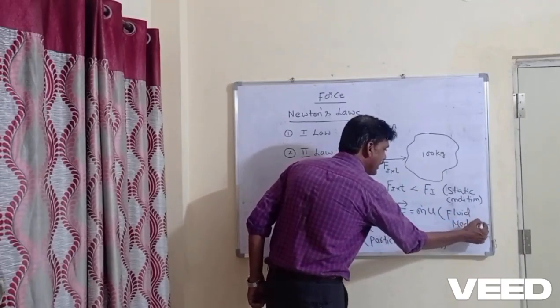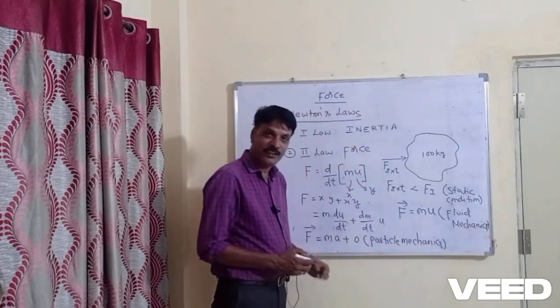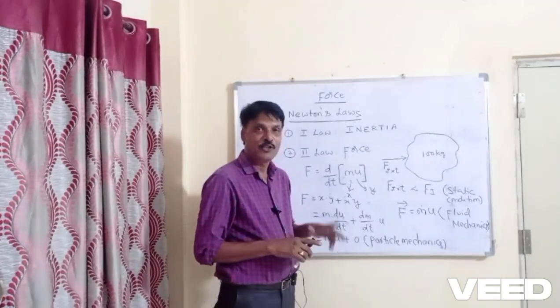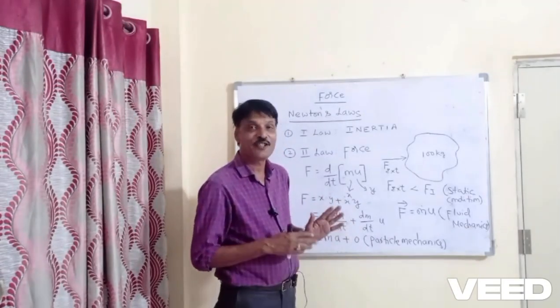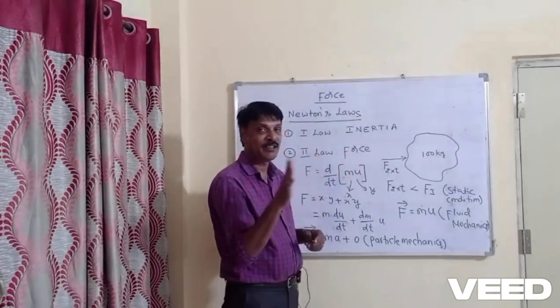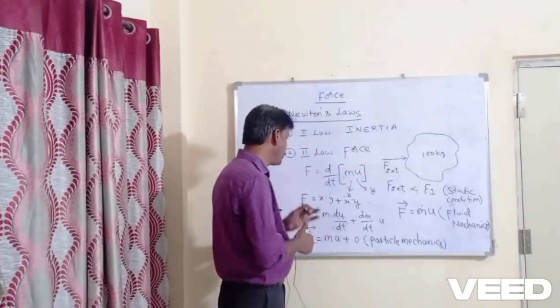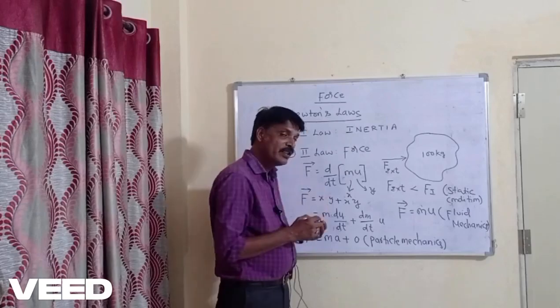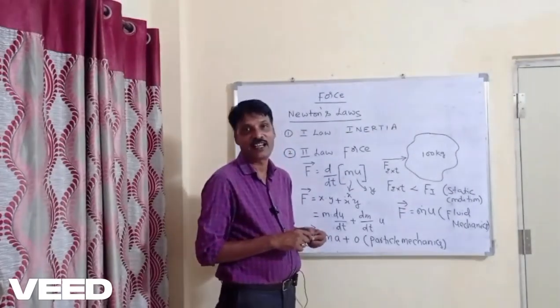So, if I recap, Newton's first law of motion gives the concept of inertia. Newton's second law of motion gives the concept of force. It says that the rate of change of momentum is equal to force. And you should know that force is always a vector quantity. It has both magnitude as well as direction.